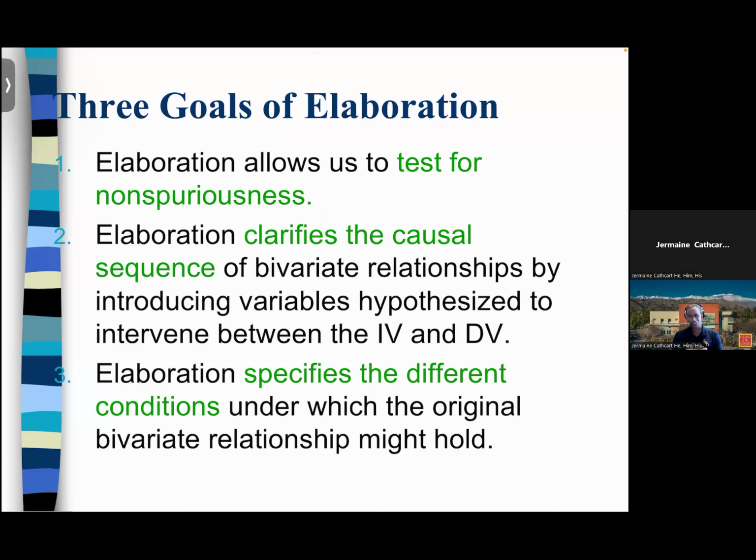Sometimes there's a relationship, but it's not clear how or why the variables are related, and so we can introduce an intervening variable to help explain it a little bit better. And the third goal of elaboration is that it specifies the different conditions under which the original bivariate relationship might hold or potentially might not hold. Does it make sense? Those three points probably don't make sense yet, but they're going to make sense as we progress.